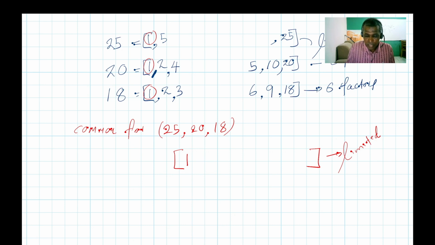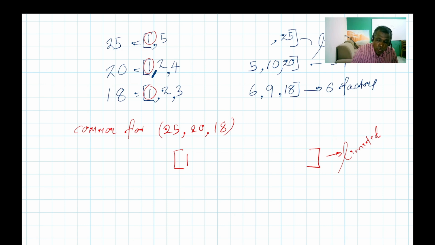Second one, is 2 here? 2 is here, but not there. 3 is here, but not the other. 6 is here, 6 is not there. 9 is here. That means we don't have any other common factor rather than 1.